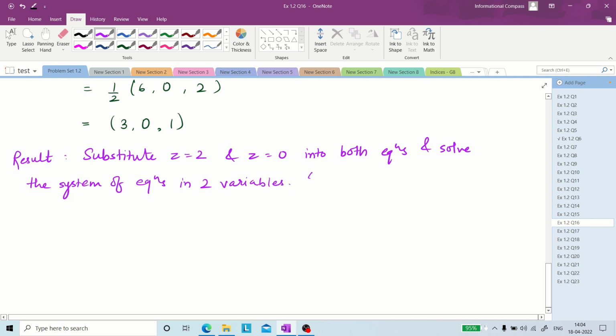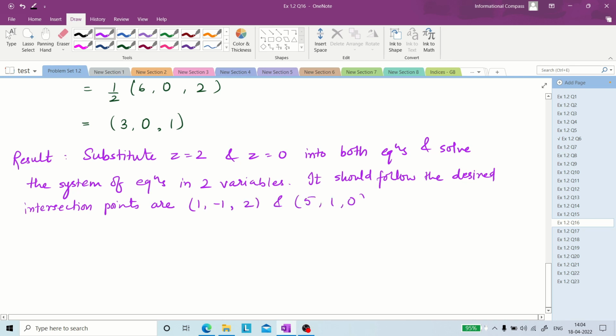So it should follow the desired intersection points, which are (1, minus 1, 2) and (5, 1, 0) respectively, that give you the halfway point.